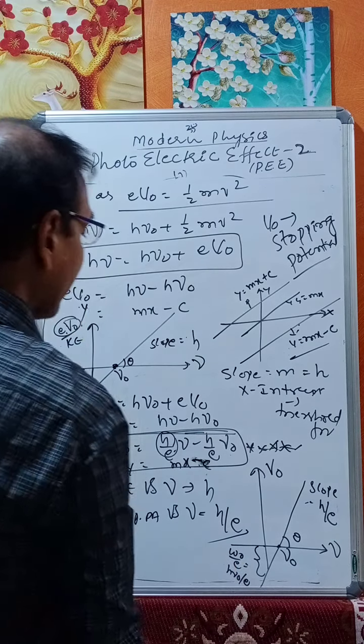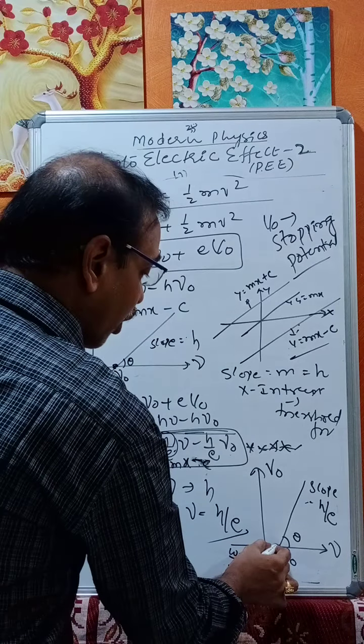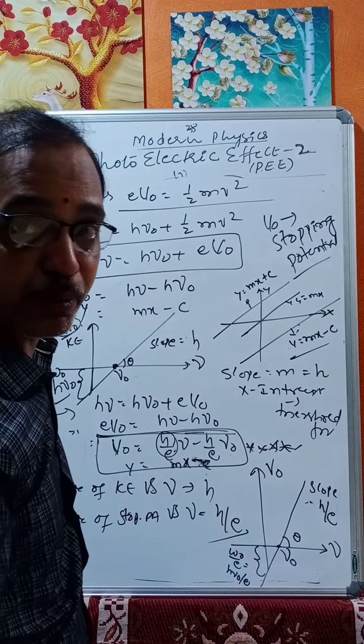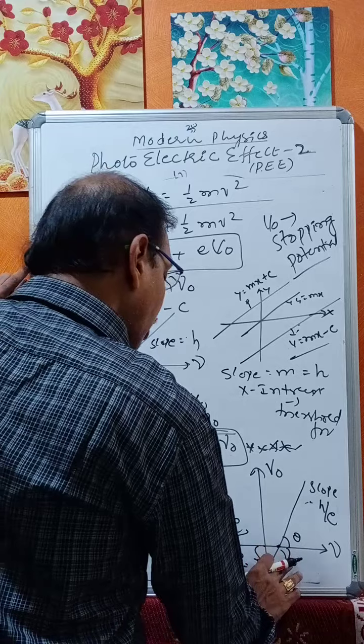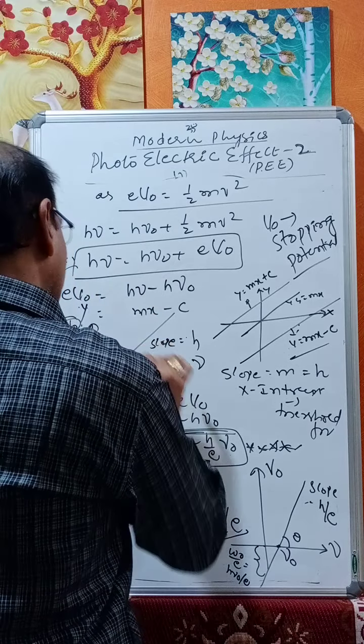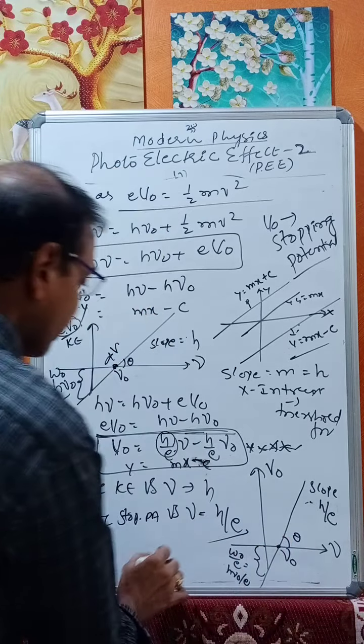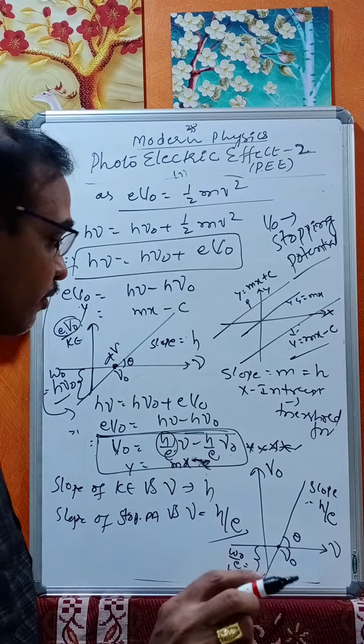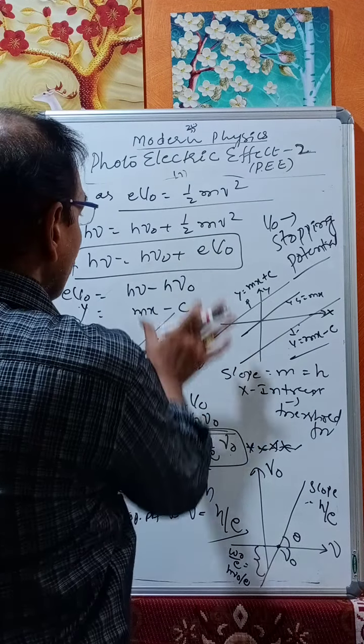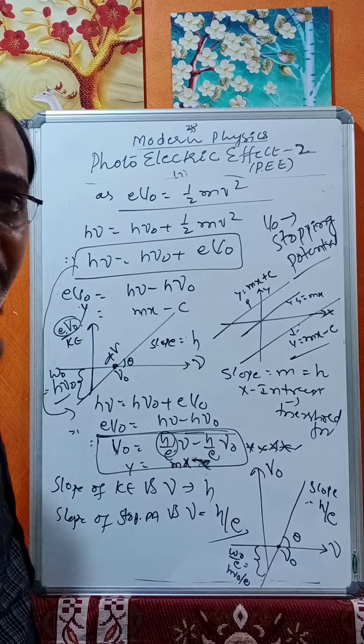Anyhow, the x-intercept always gives the threshold frequency when you plot the graph. This is very, very important. So this is the basic equation. Let us see the rest in the next class.